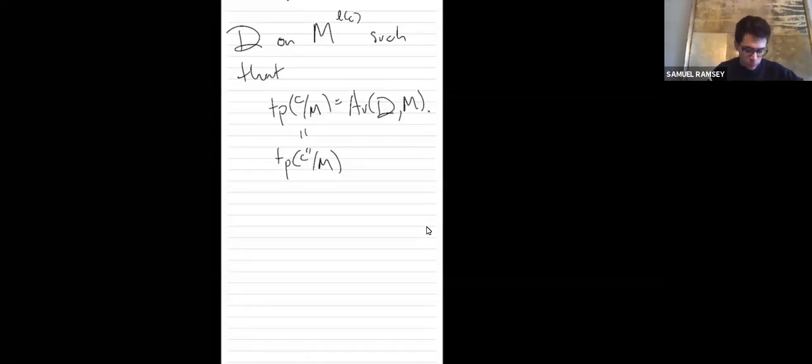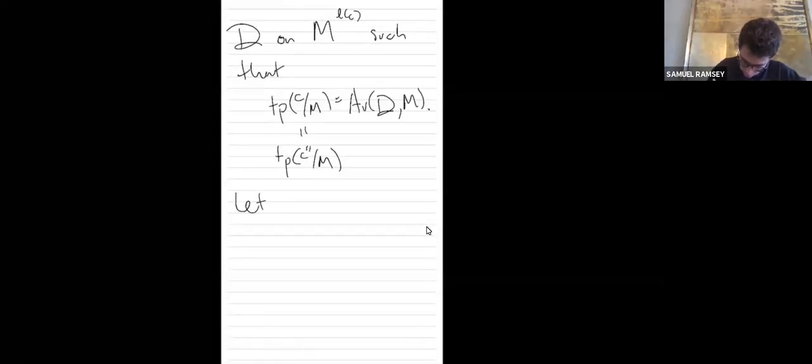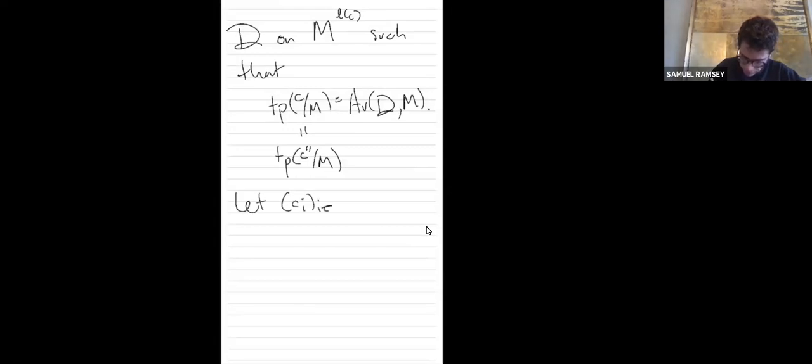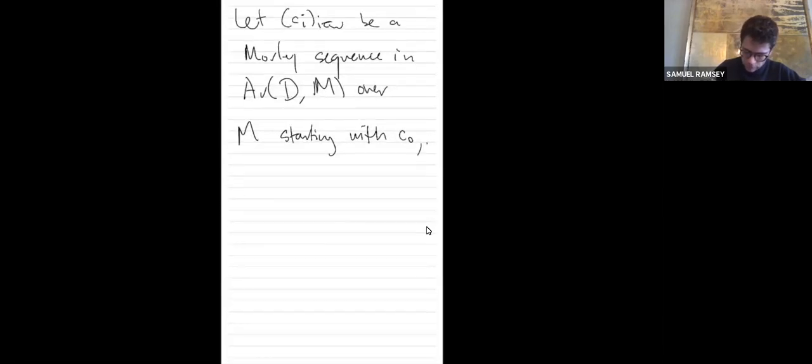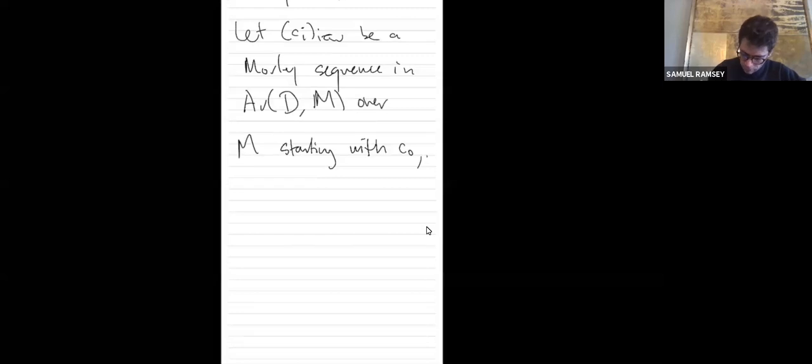Okay, so now what we're going to do is let C_i, i less than omega, be a Morley sequence in this global finitely satisfiable type over M, starting with C0. We're starting with C, sorry. So what do I mean?